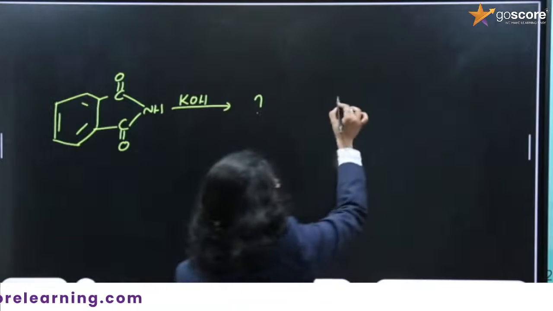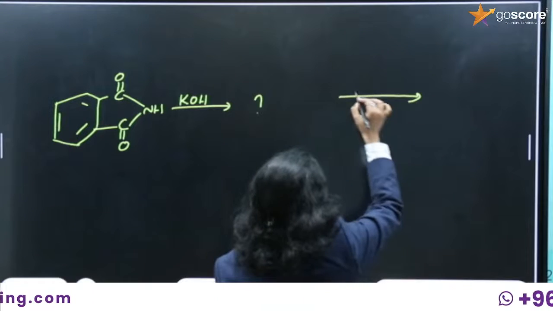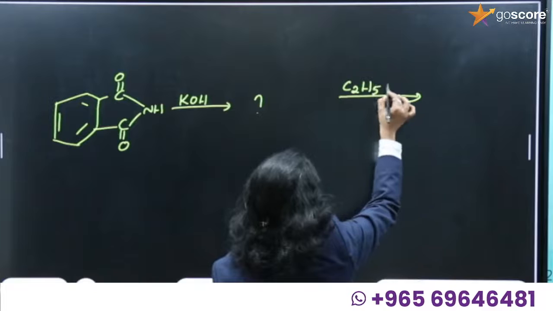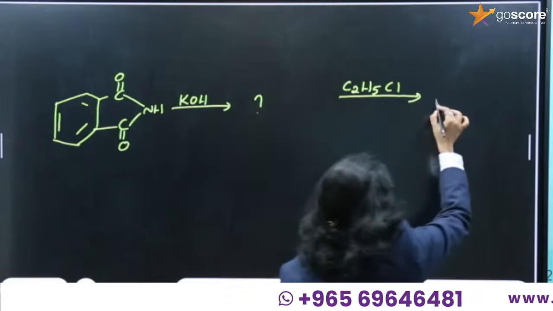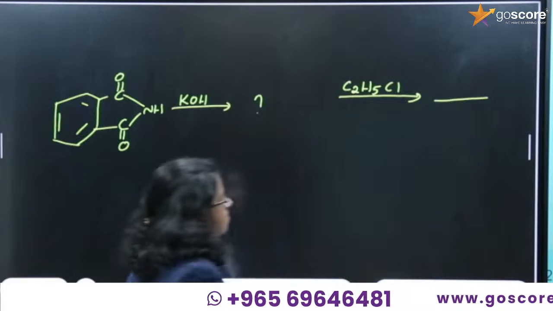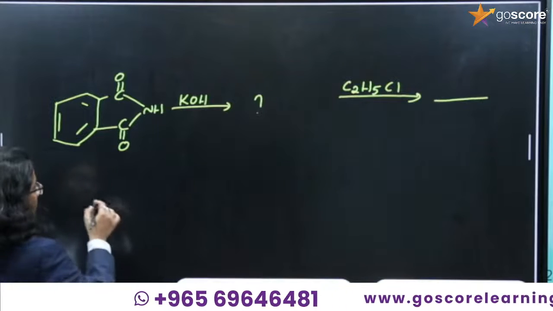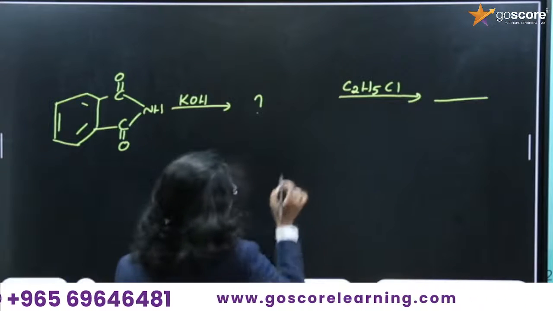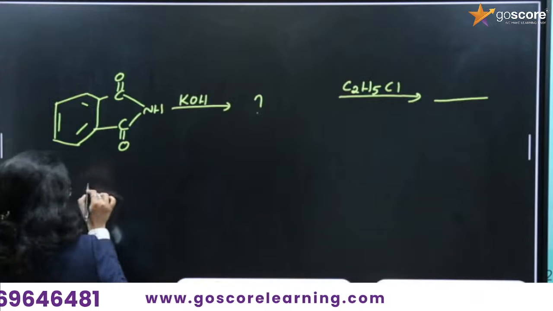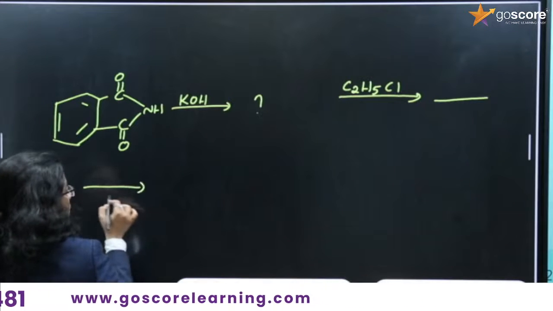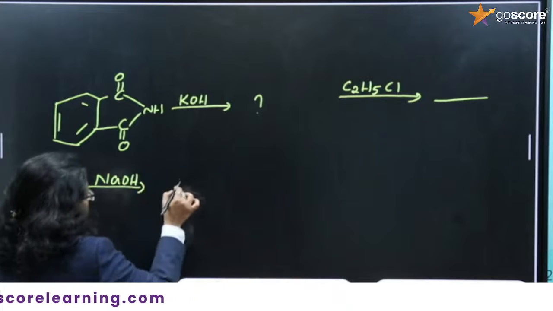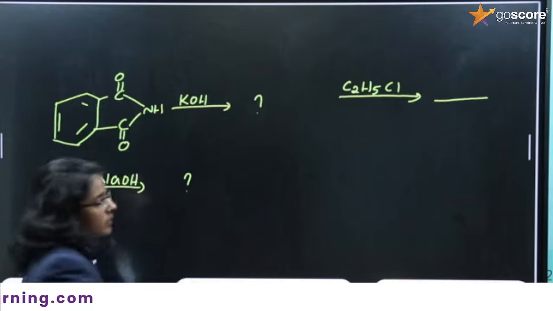This product on treating with C2H5Cl, you will get a product. That product on treating with NaOH, you will get a product.